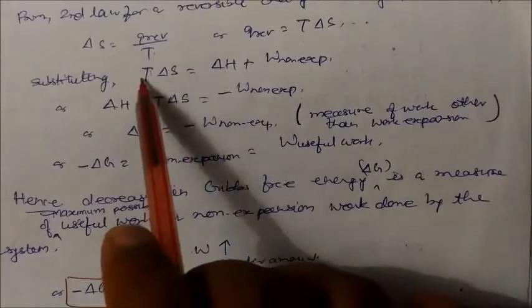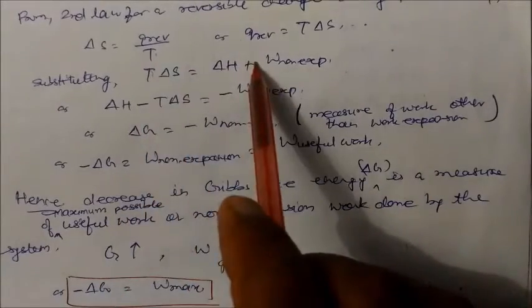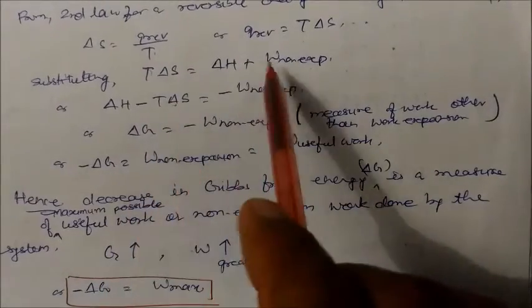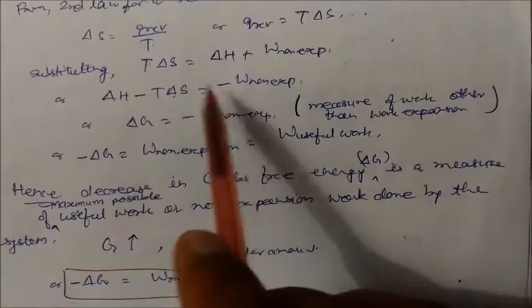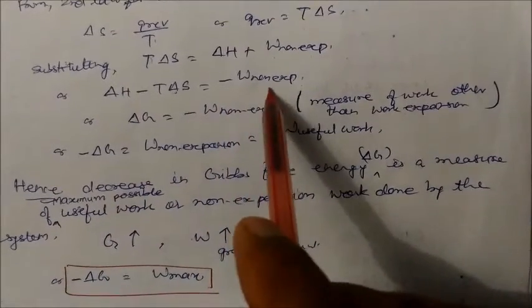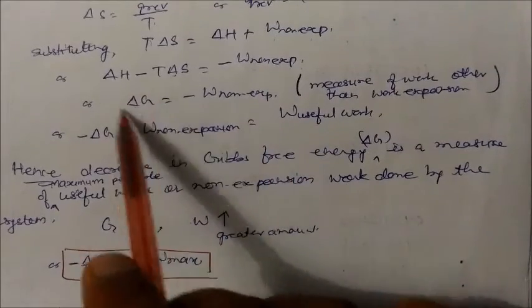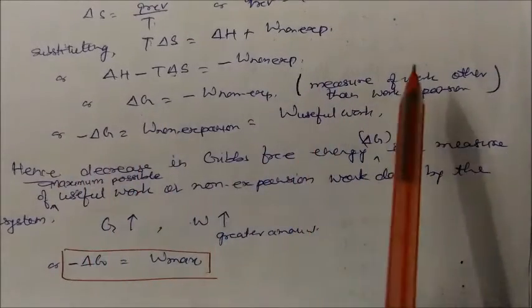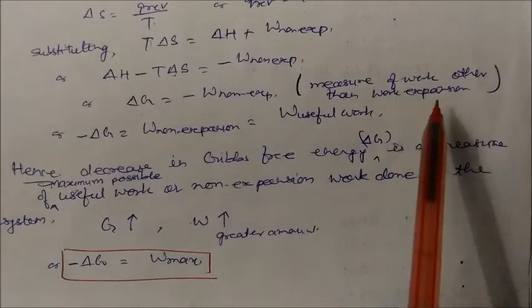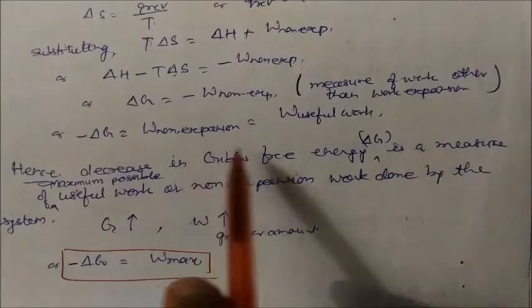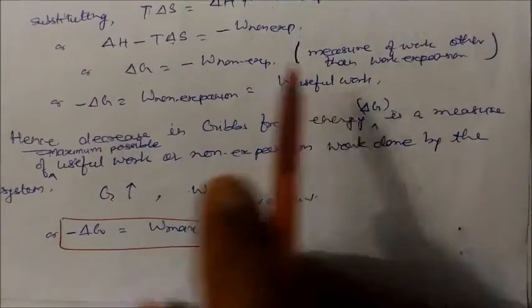So delta H, if you put it on the right-hand side, becomes delta H minus T delta S, and this will be minus work non-expansion. So this minus work non-expansion is called delta G. This is nothing but the work other than the work of expansion. So this work is actually called the useful work.